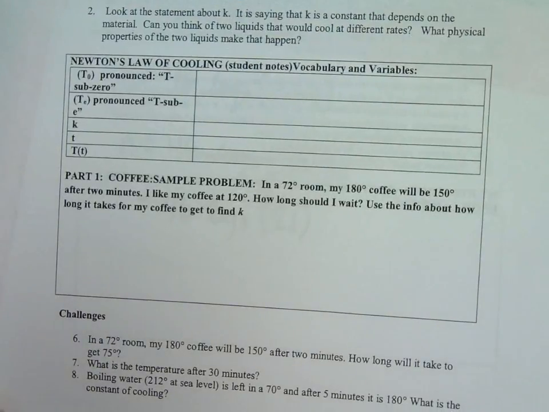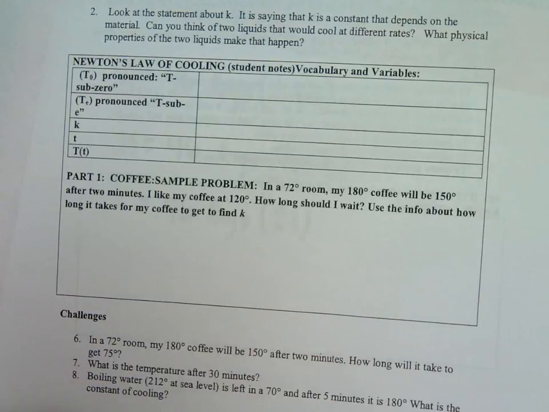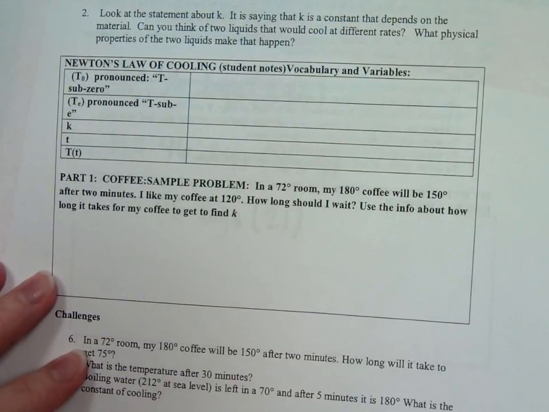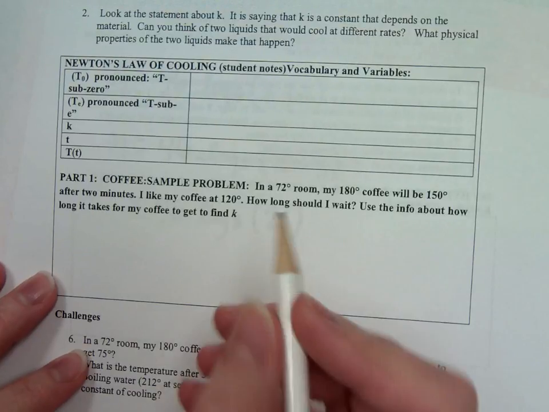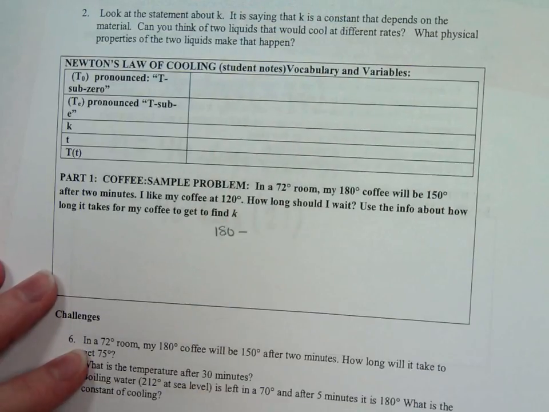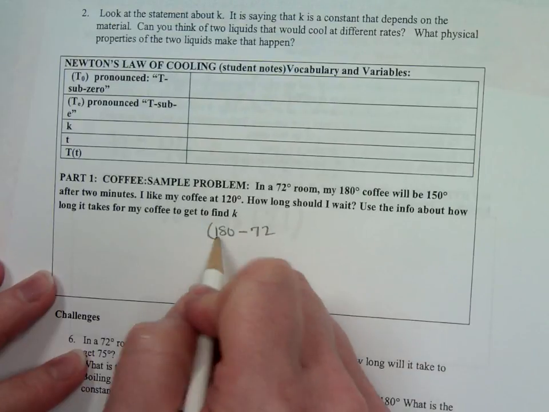All right, let's start by filling in what we know. Do we know T sub 0? Yes. What is it? 180. All right. Do we know T sub E? 72.